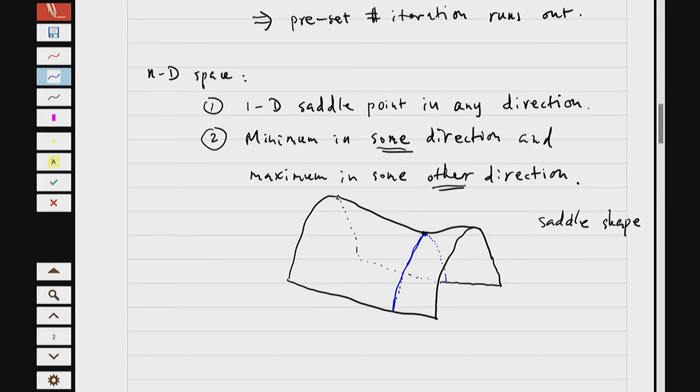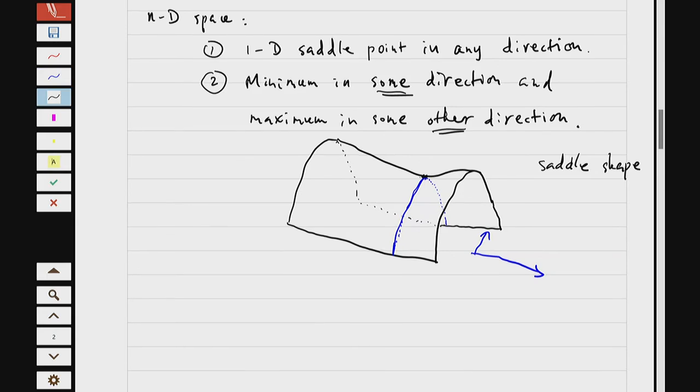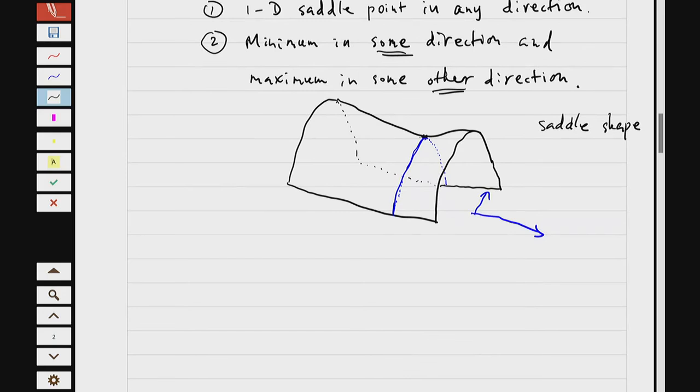So in this direction, it is a minimum, but in this direction, it is a maximum. Make sense? Okay. So that point is neither a maximum nor a minimum, but then still the gradient is 0. So it is still what we call a saddle point.